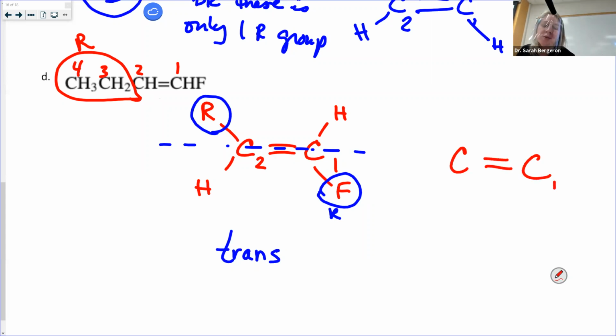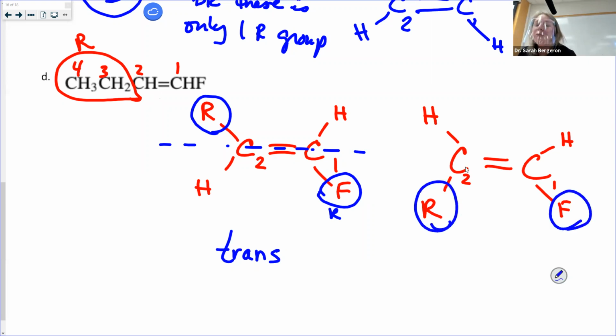So I have carbon 1, carbon 2. Here's a hydrogen, here's a fluorine. What do I do differently for this carbon? I put the rest going down and I put the hydrogen going up. So I look at my R group here, I look at my R group here, and here's the plane, they're both below the double bond.